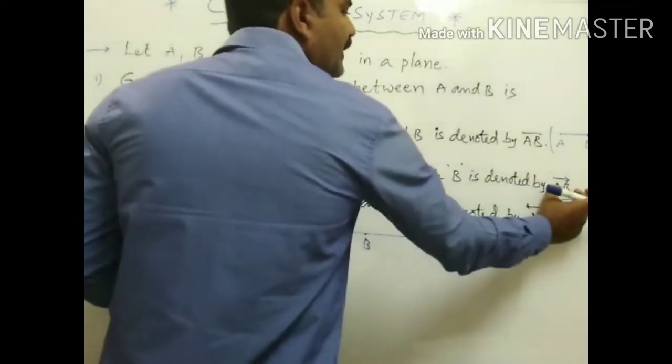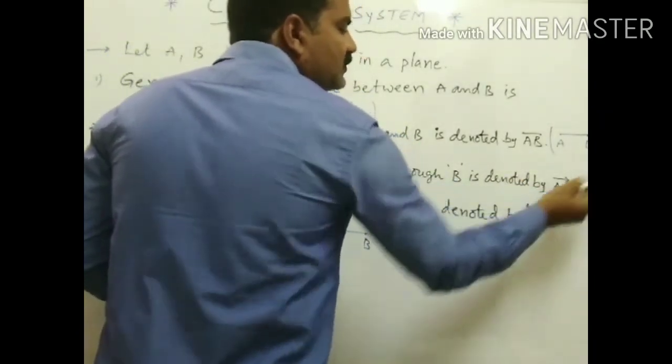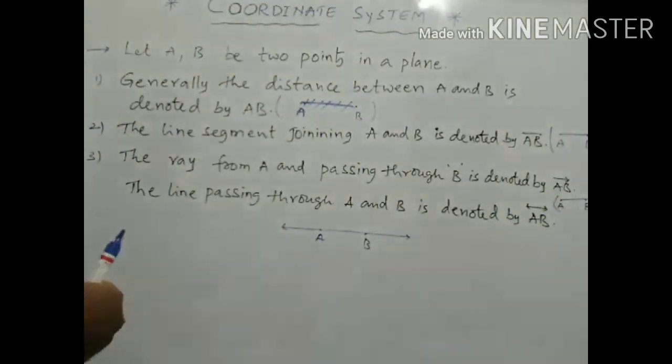It is a ray passing through the 2 points A and B, and it extends further.